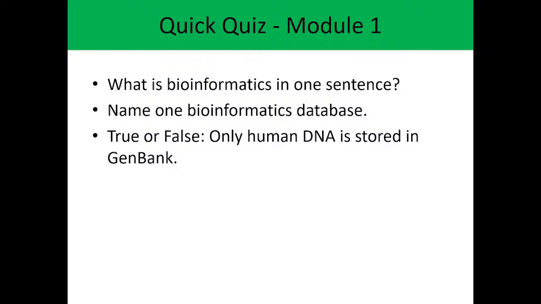So to a layman, you should be able to tell them that bioinformatics is not just a course, it is a discipline, a career, a profession, something that is still going to be relevant in the next 30, 40, and 50 years.